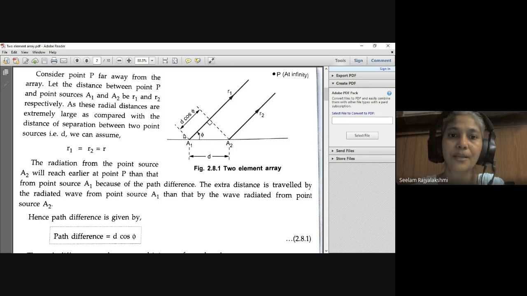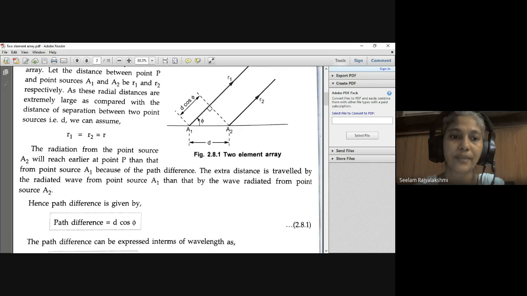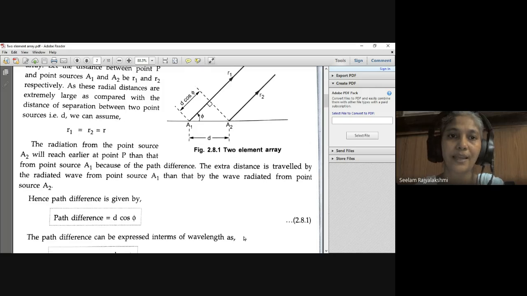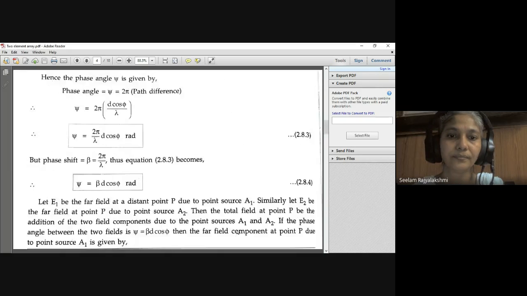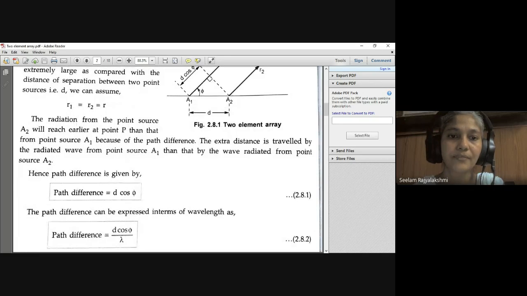Hence the path difference is d cos phi. The path difference can be expressed in terms of wavelength as d cos phi by lambda.